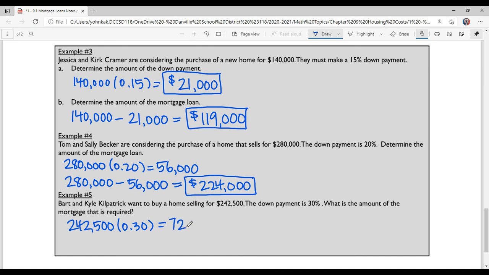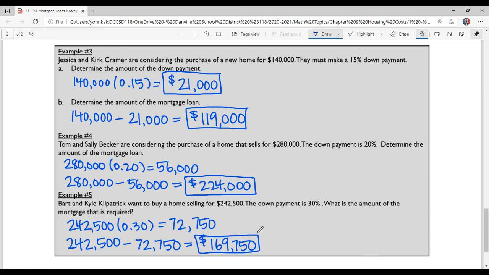That gives us a down payment of $72,750. To find the amount of the mortgage, you can take the selling price, $242,500, and subtract the down payment, $72,750. That's going to give us a mortgage amount of $169,750.